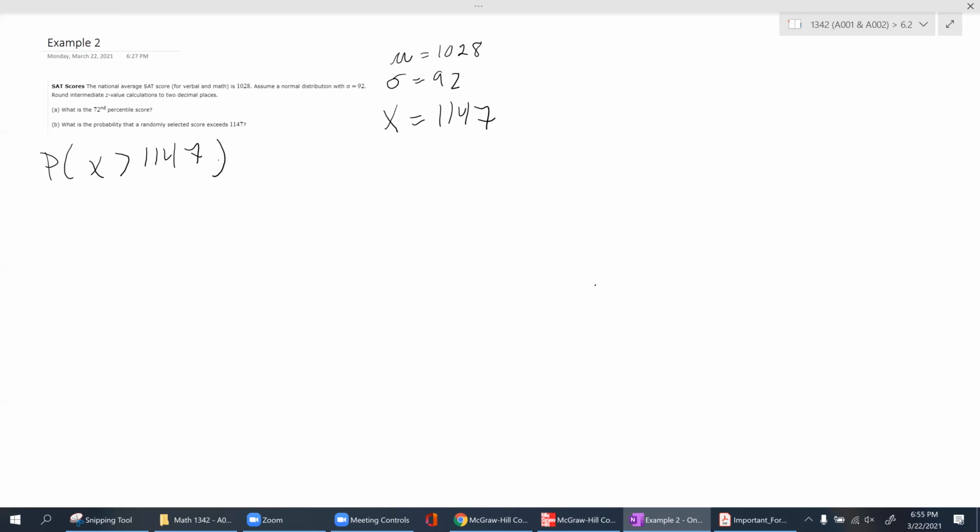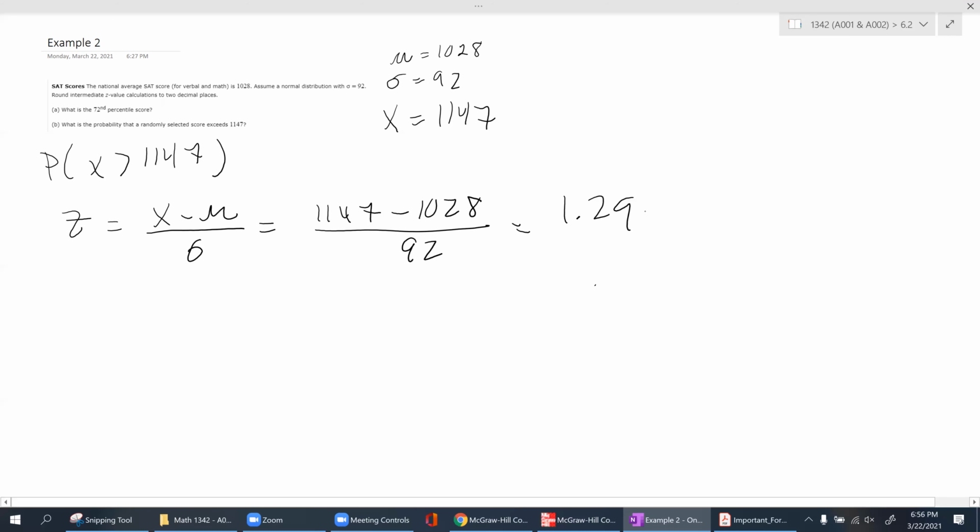Here I have z equals x minus mu over sigma, which is 1147 minus 1028 divided by 92. I get 1.29.